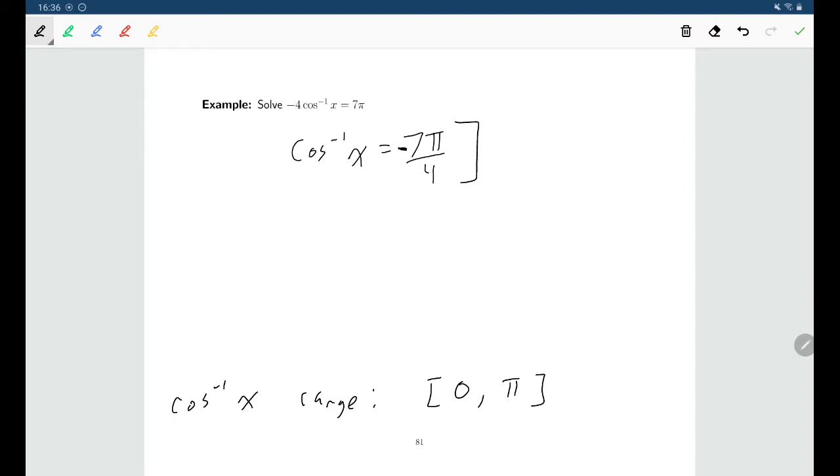Remember that cosine inverse would have its domain being the numbers from negative 1 to 1, and the range would be the same thing as the restricted domain for cosine from 0 to pi. And so at this point, we can stop and we can say there's no solutions.